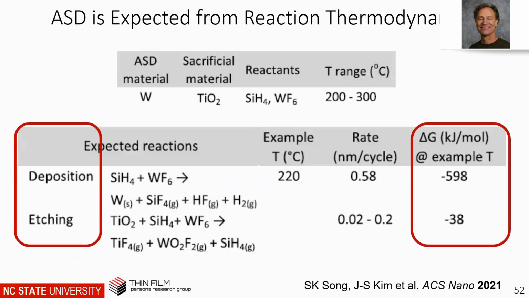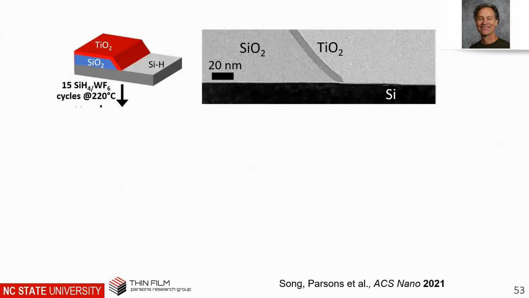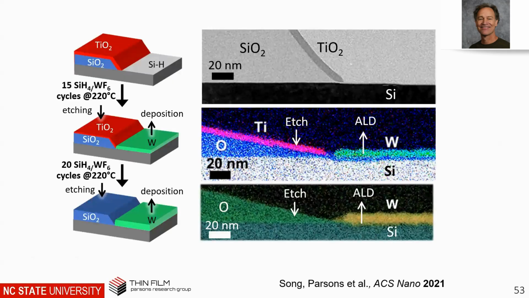We can see that there's a whole other set of materials that also fit this criteria. This shows that if you start with TiO2 here, as I deposit over the tungsten, I'm going to etch, and I keep going, deposit more, and etch more. So I can deposit and etch.